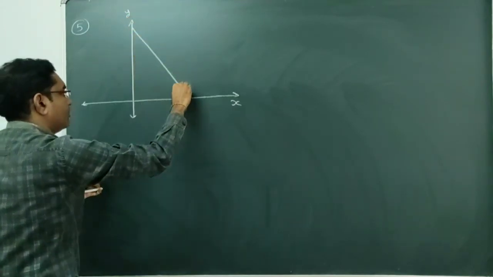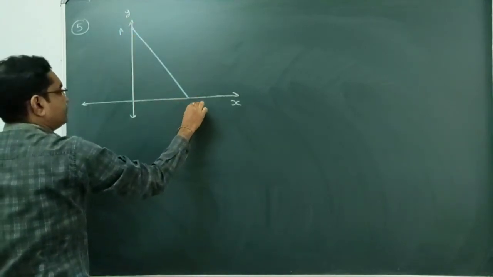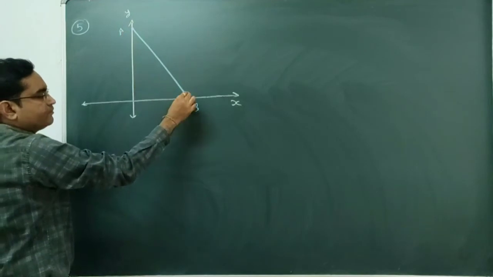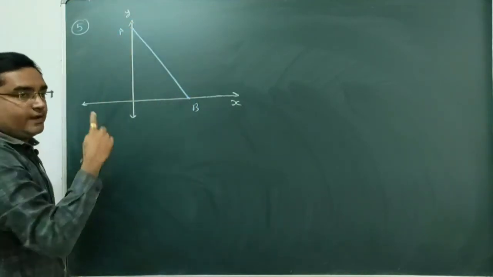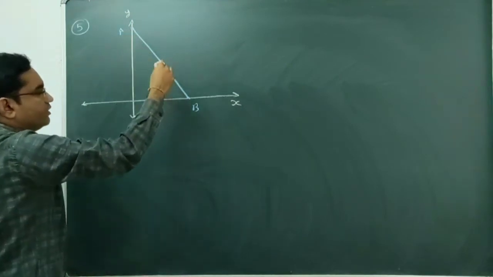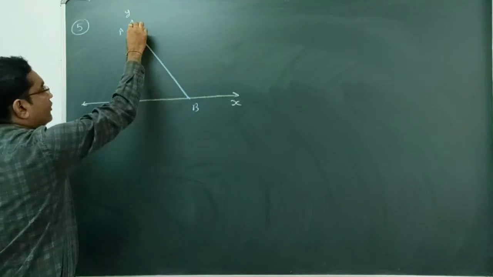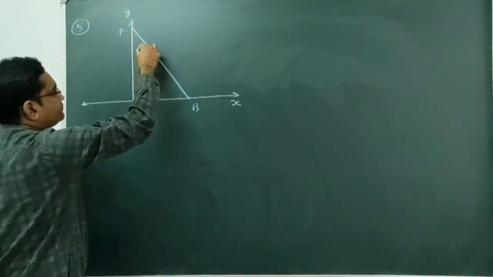Let's say this is rod AB. Endpoints are A and B. Point B touches x-axis and point A touches y-axis. And it always moves in such a way that this point always touches x-axis and this point always touches y-axis. It will move like this.